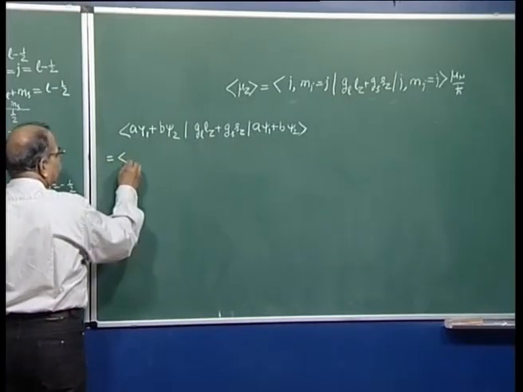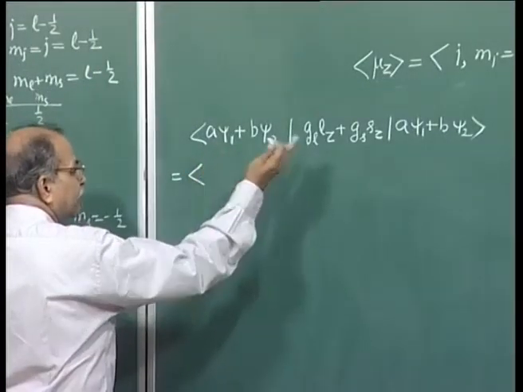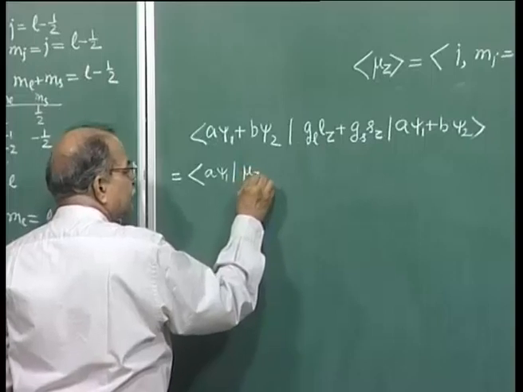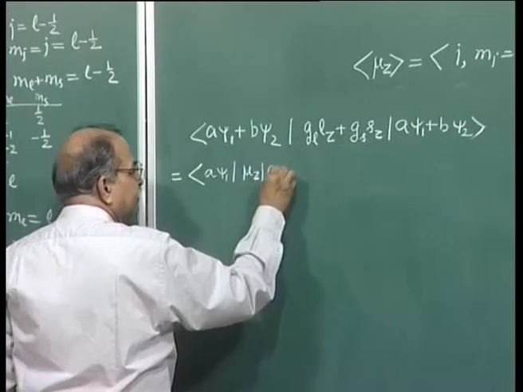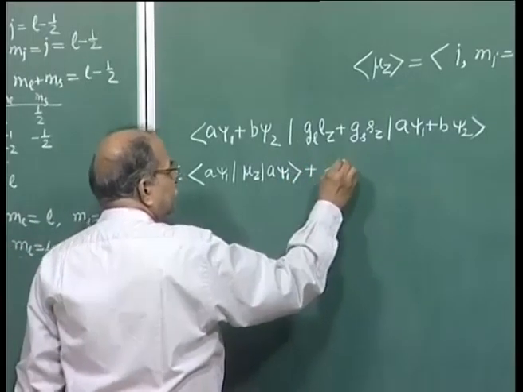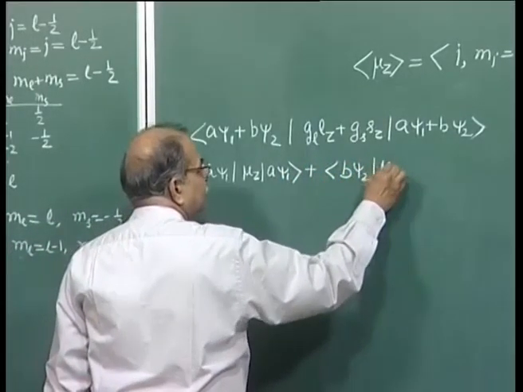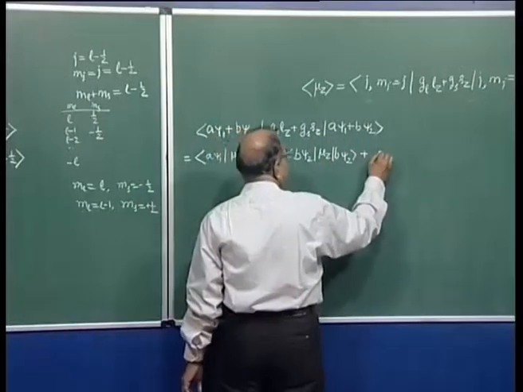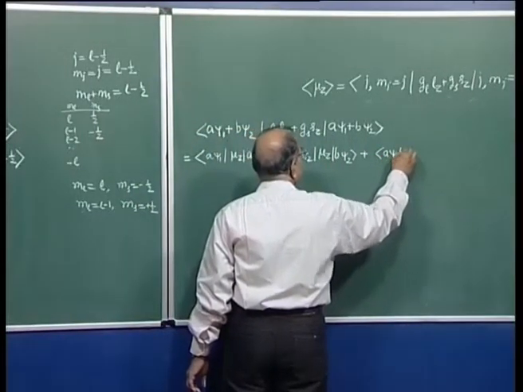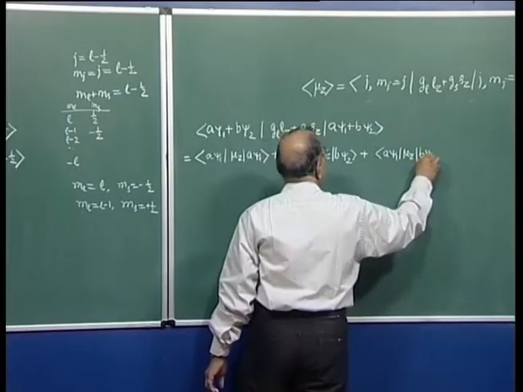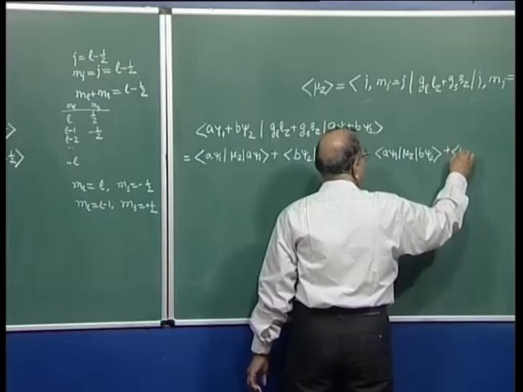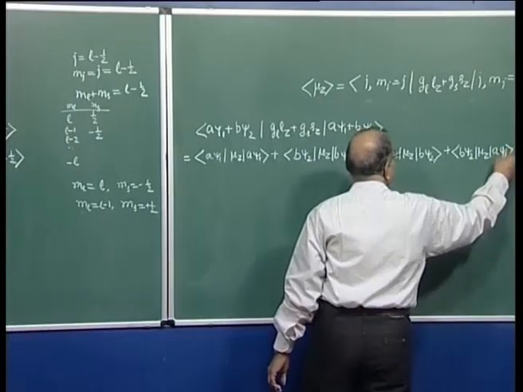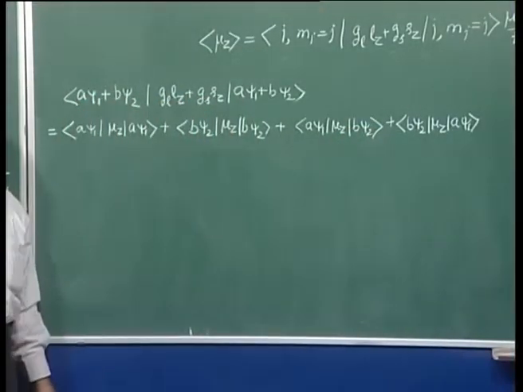Part by part, I can take a psi 1 here and mu z, let me write mu z first, and a psi 1 plus b psi 2 on that side. Then mu z here and b psi 2 there, plus cross terms: a psi 1 here, mu z here and b psi 2 there, and plus b psi 2 here, mu z and a psi 1 here. All right, opening the bracket gives 4 terms.